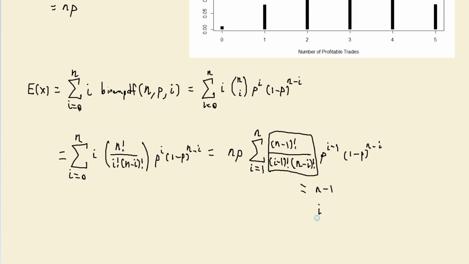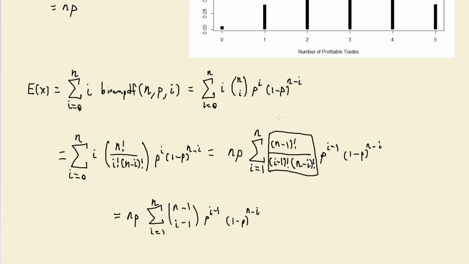And so I can make that adjustment, and I could say that this is just going to be equal to np times the sum from i equal to 1 of n minus 1 choose i minus 1, p to the power of i minus 1, times 1 minus p to the power of n minus i.